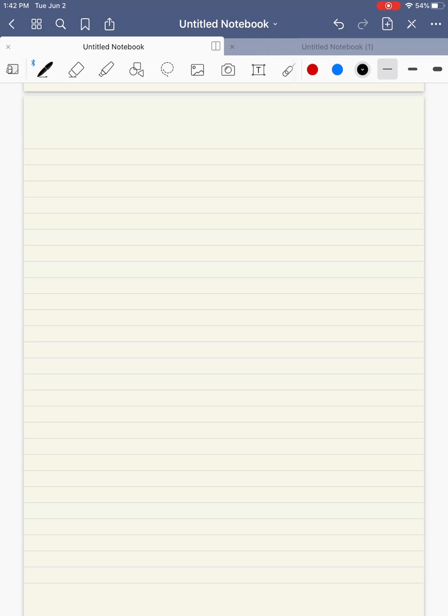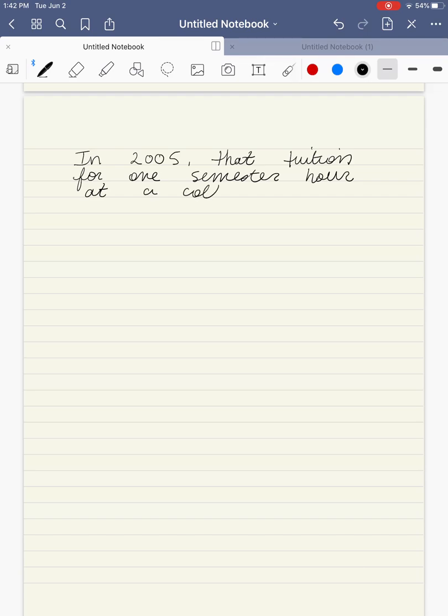Let's see how we can use this in a real life situation. Let's say that we know that in, let's say 2005, tuition for 1 semester hour at a college was $120.